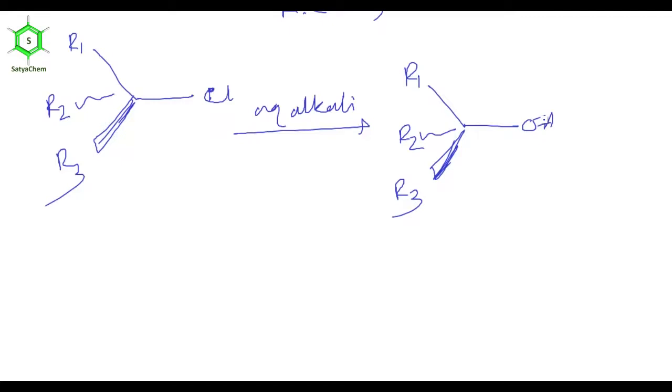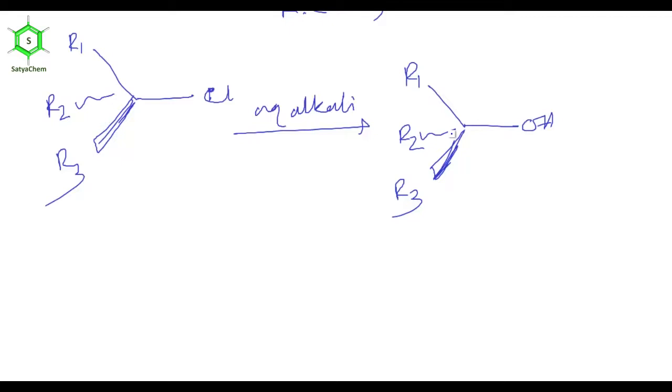But then you are thinking that all the 4 groups attached at the central carbon are different, so reactant and products both are optically active, means carbons should be chiral. Okay, if 4 groups attached at the carbon are all different, then that compound should be optically active, means it can rotate the plane of polarized light.